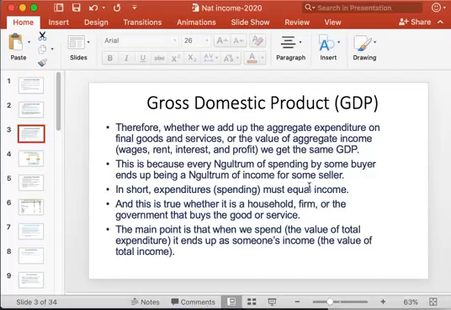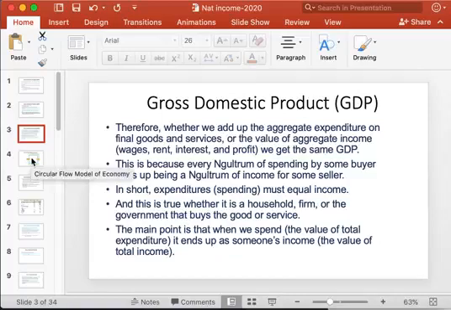So, in short, expenditure must equal income. And this is true whether it is a household, firm, or government that buys the goods or services. The main point is that when we spend, it ends up as someone's income.